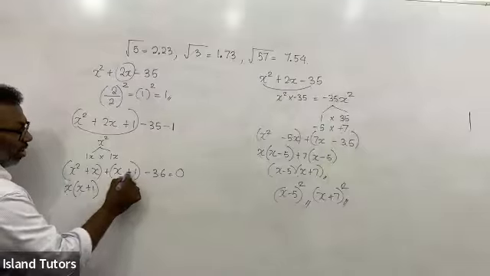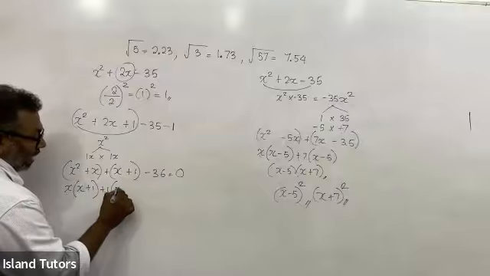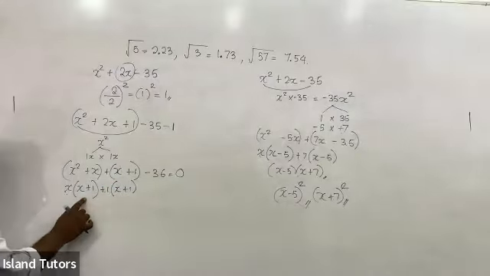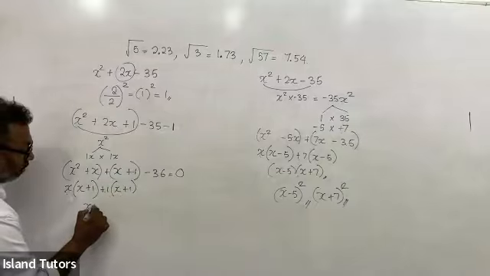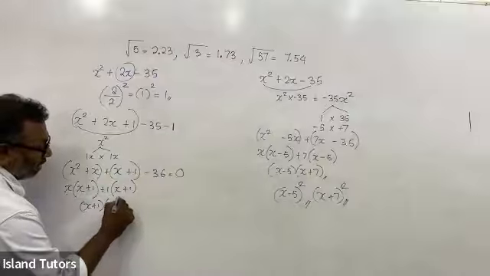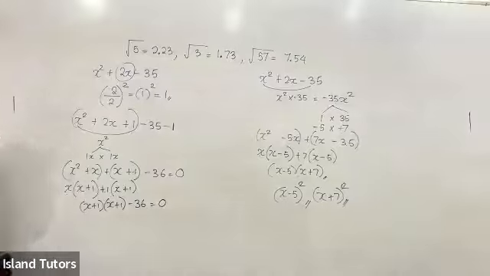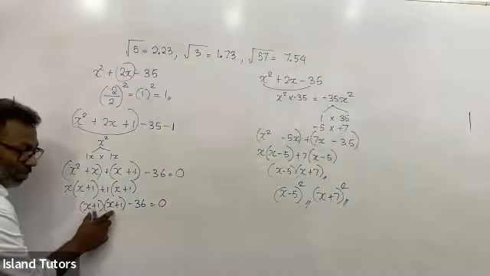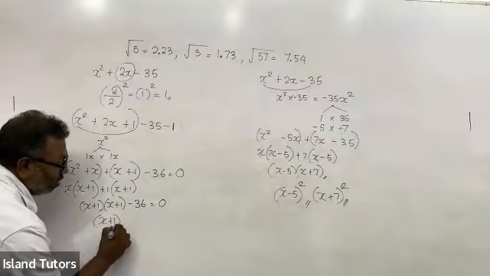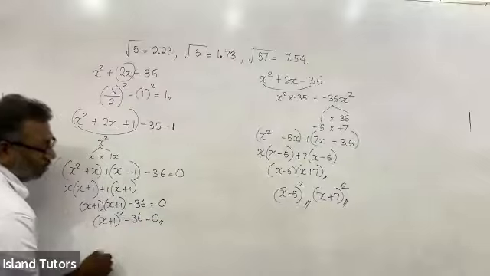Here x and 1, common factor plus 1; x divided by 1 is x, 1 divided by 1 is plus 1. So you have x plus 1 into x plus 1 minus 36 is equal to 0. x plus 1 into x plus 1 is x plus 1 squared minus 36 is equal to 0.